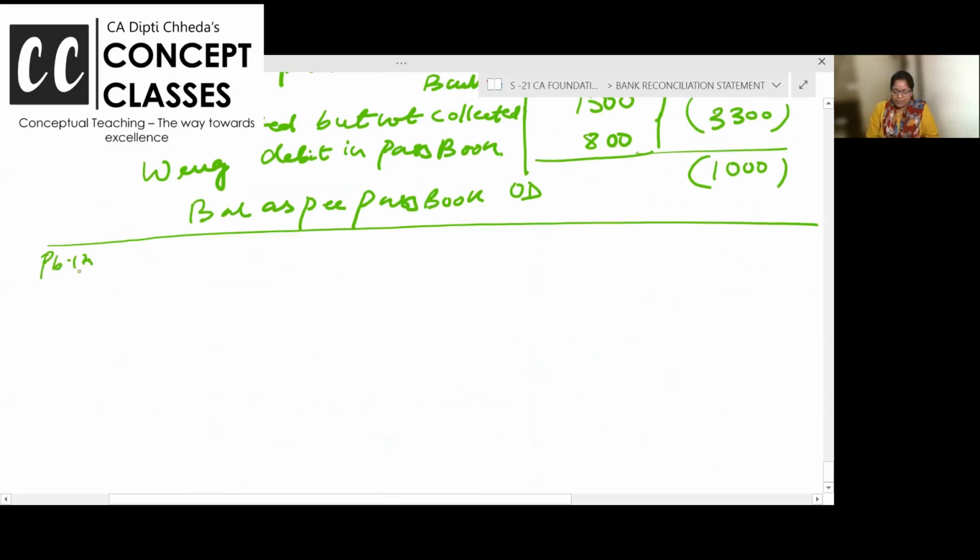Problem number 30. Bank reconciliation statement.